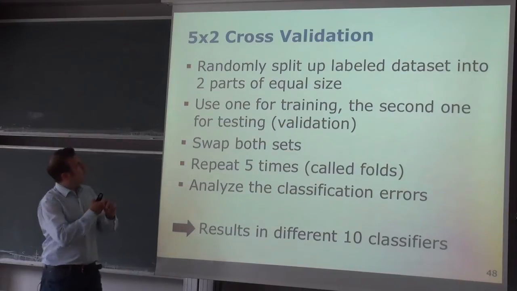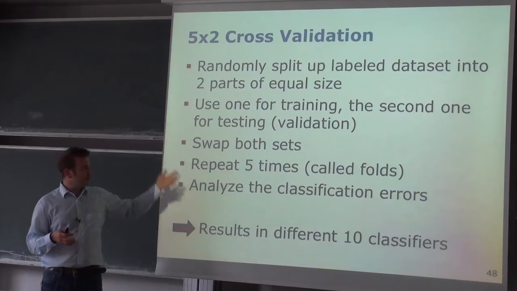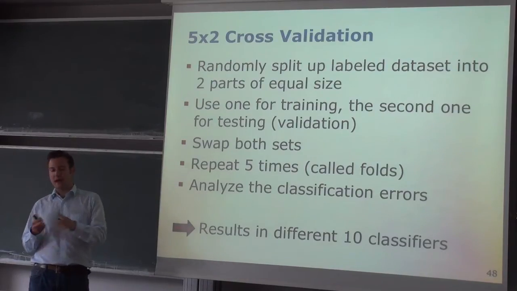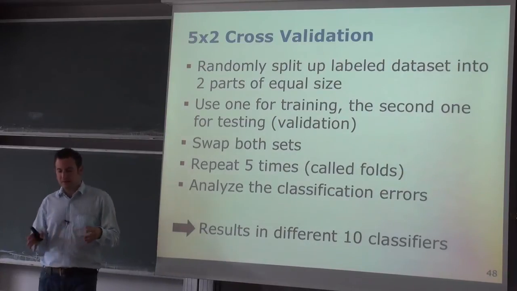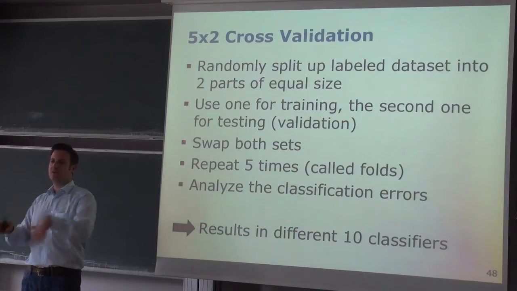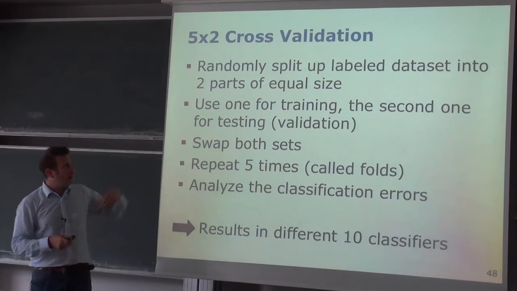So why 2? Why do I split it up into 2 parts? Why do I do exactly 5 folds, or 5 runs, also called folds? I split it up into equal sizes to avoid, let's say, taking a very large training set and evaluating it on a very small set. So I do this setup because I want to have an equal size training and test set. Why do only 5 folds?